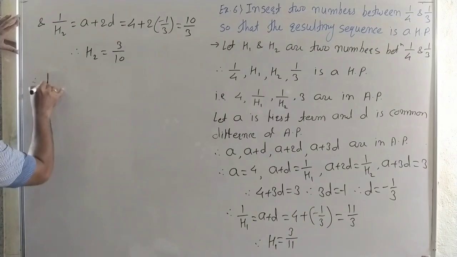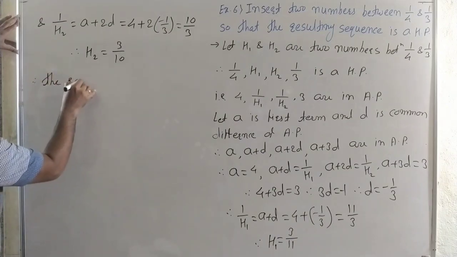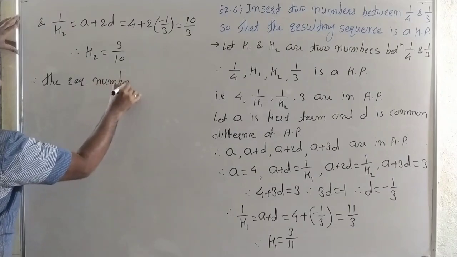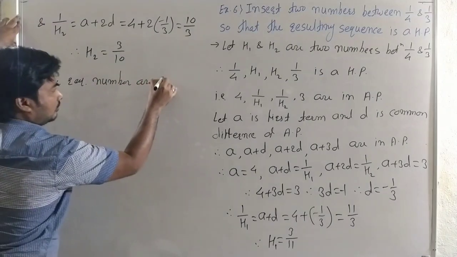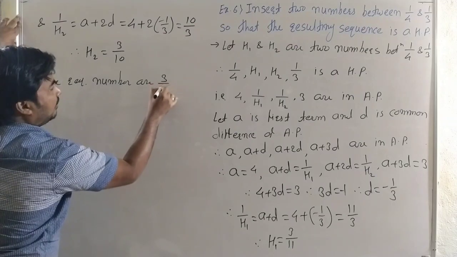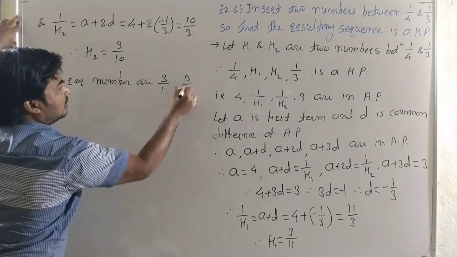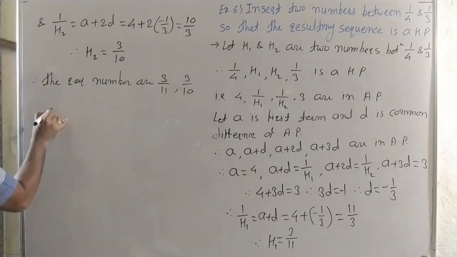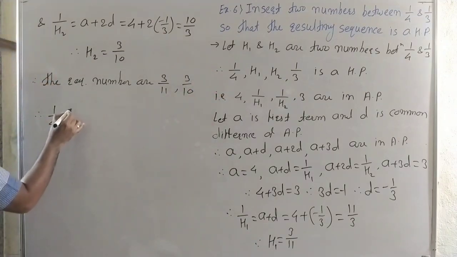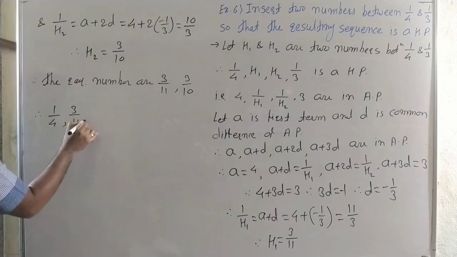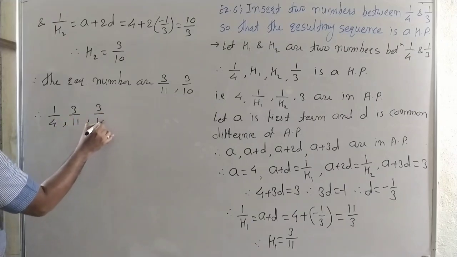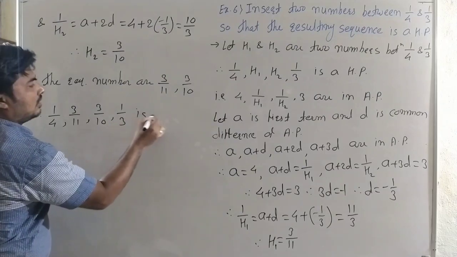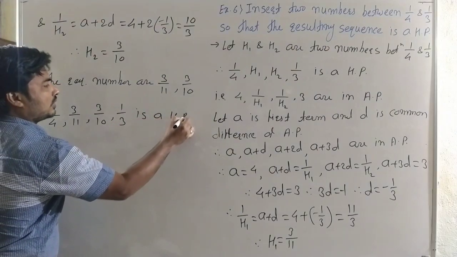Therefore the required numbers are 3 by 11 and 3 by 10, and therefore this sequence, 1 by 4, 3 by 11, 3 by 10 and 1 by 3, is a harmonic progression.